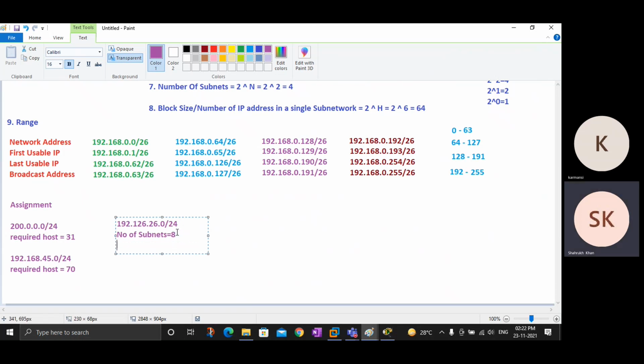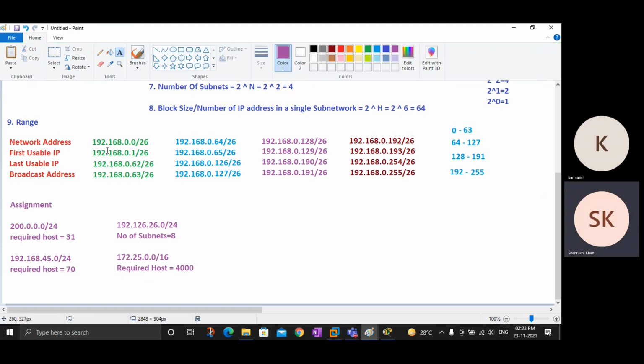And also try to do the last one, that is 172.25.0.0/16, and the required host is much. Let's see.